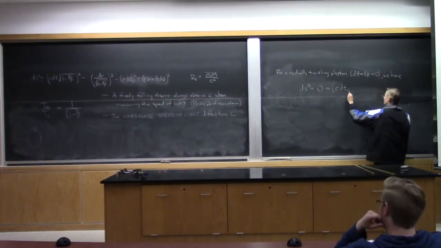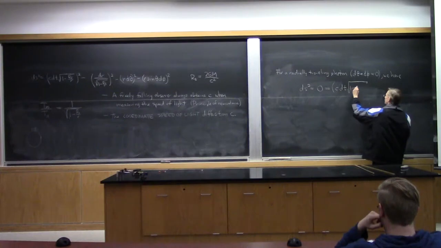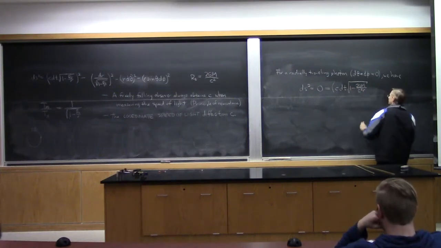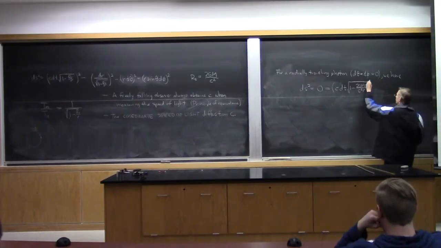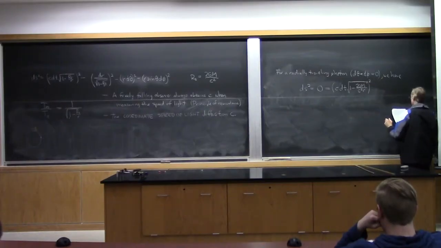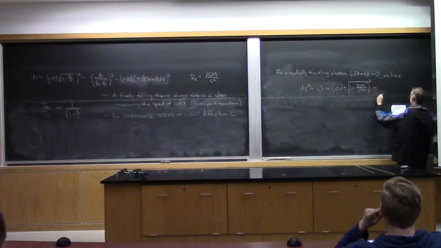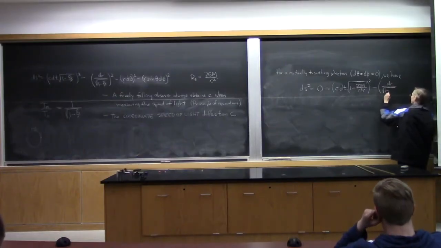So we get 0 is equal to c dt times, and I'll just go ahead and put in the 2GM over c squared, the square root of 1 minus 2GM over c squared r for the time piece, minus dr over the same square root for the space piece.